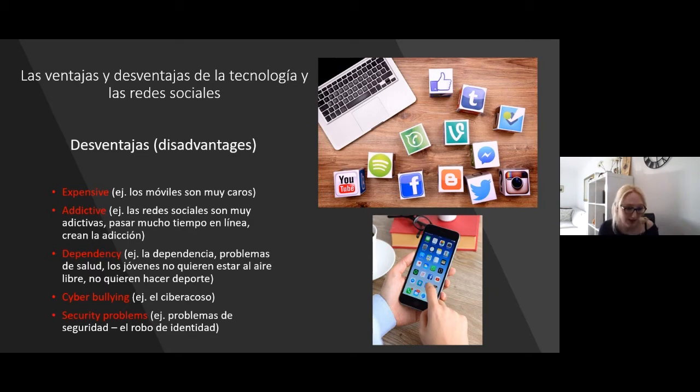Un ejemplo, an example, el robo de identidad. So identity theft. Okay, so robo, like stealing. So the theft of identity. Okay, el robo de identidad. So those are some advantages and disadvantages that might come up.